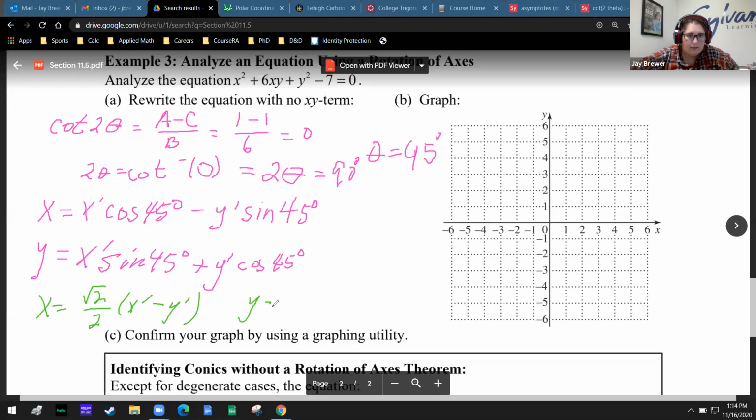And then y is going to be equal to the square root of 2 over 2 times x prime plus y prime. Then what do you guys think we have to do?